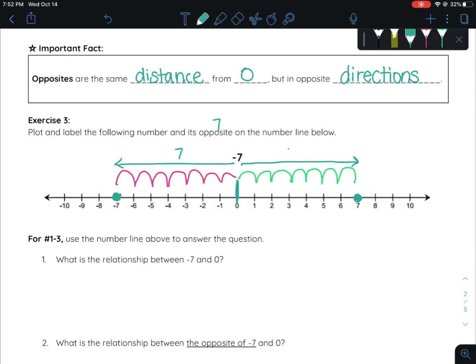Now, the distance is the same, but what was different? If we want to go to +7, we have to go to the right. If we want to go to -7 from 0, we have to go to the left. So opposites are the same distance from 0, but in opposite directions.